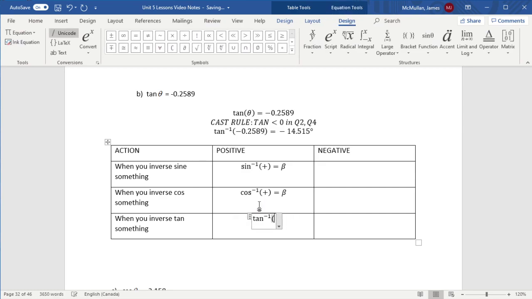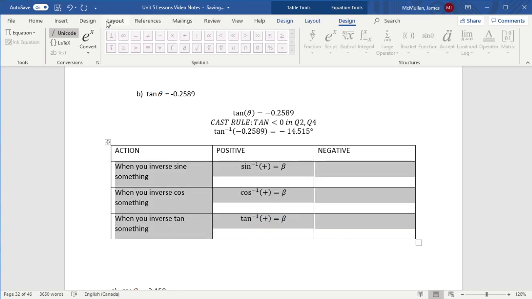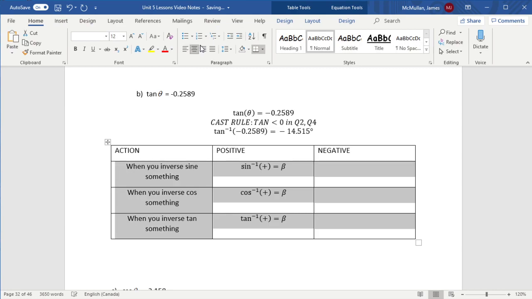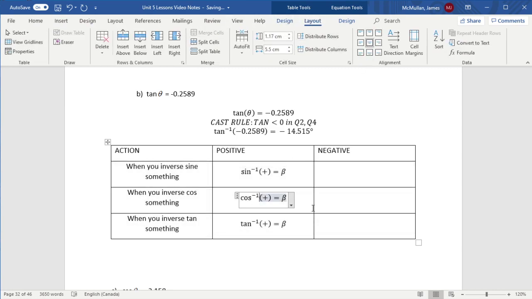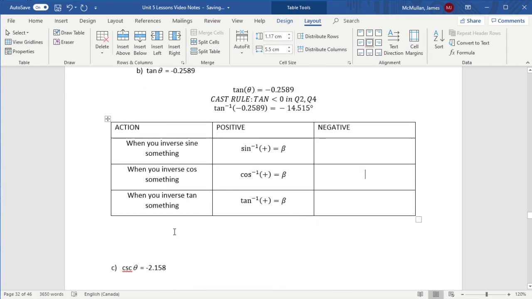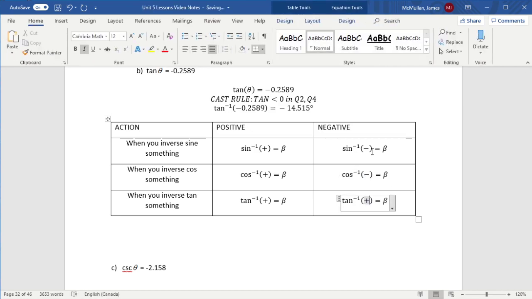When you inverse tan a positive number, it gives you beta. So far so good. It may not give us the quadrant we're supposed to look in, but it tells us beta, and we can easily move beta into whatever quadrant we need. But what happens if you inverse sine, cos, or tan a negative number instead? As you saw, when we inverse tanned this number, it gave me a negative.